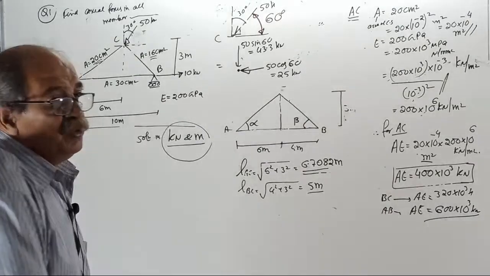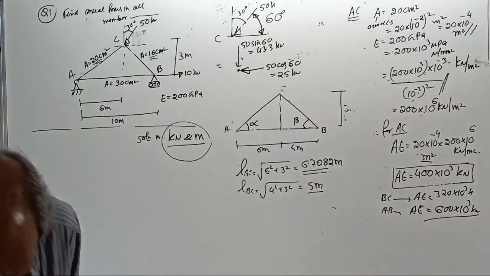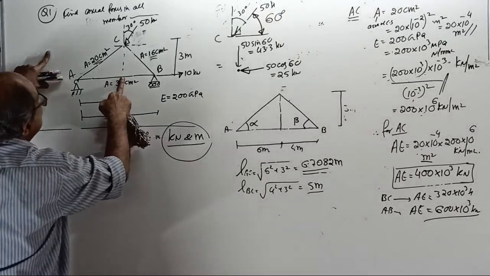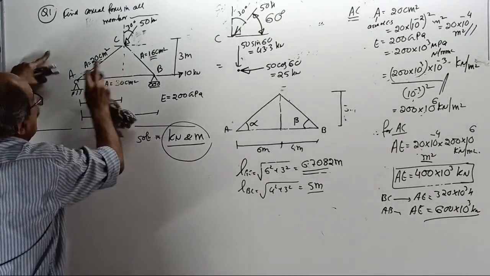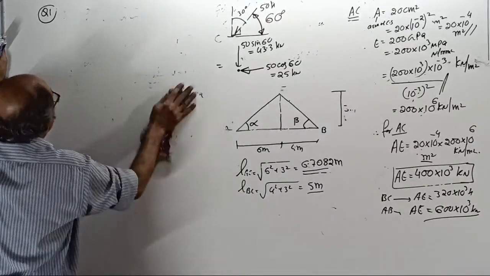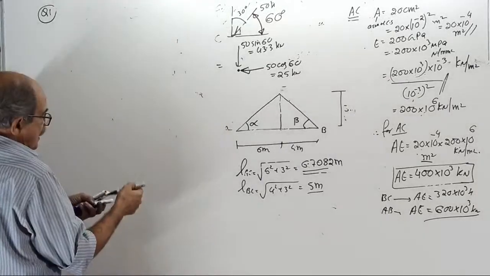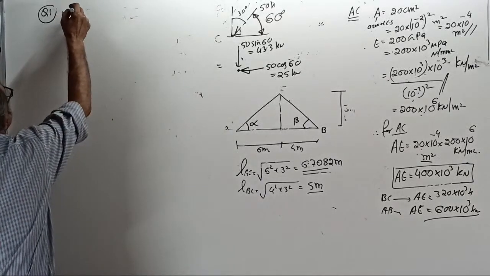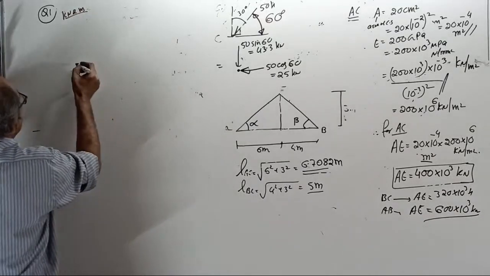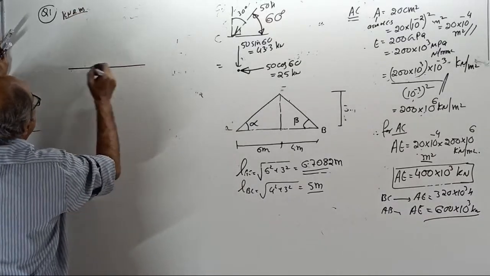Now, to understand the question, once again I write a sketch. This sketch I am going to remove now. What I am doing now is writing the question with everything in kilonewton and meter. The truss is like this.